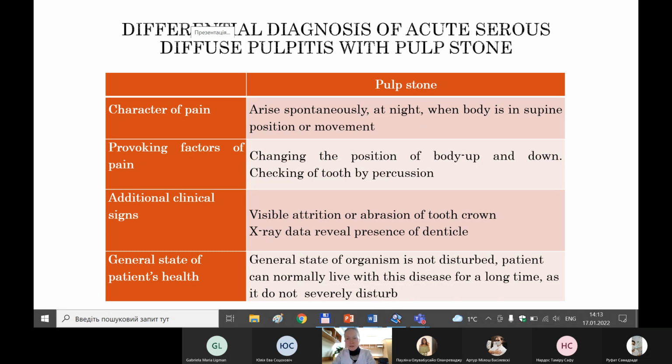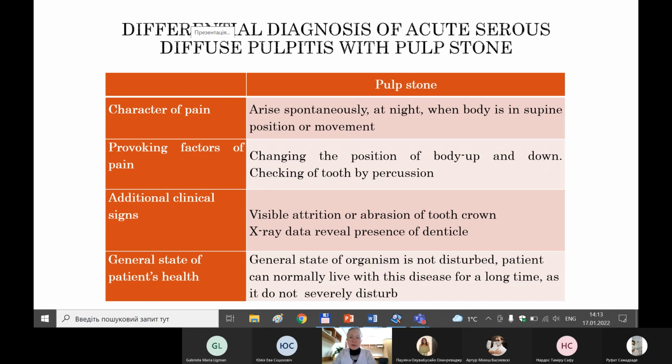It is different from acute serous diffuse pulpitis. This presentation is only typical for pulp stone. And the general state of the patient's health is not disturbed. The patient can normally live with this disease for a long time as it does not severely disturb them.